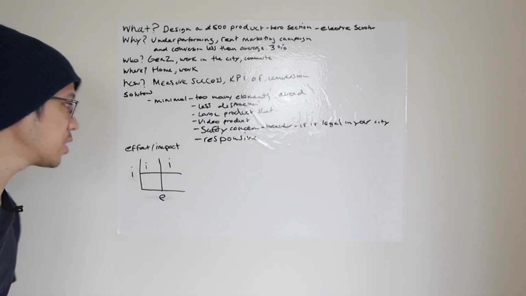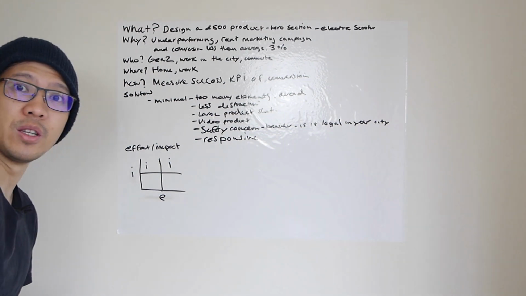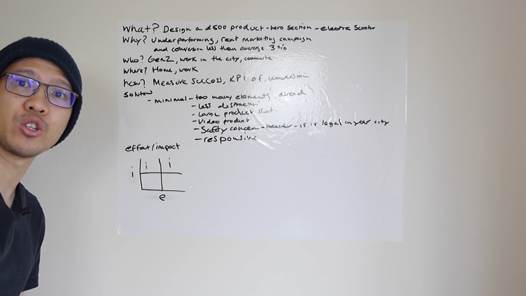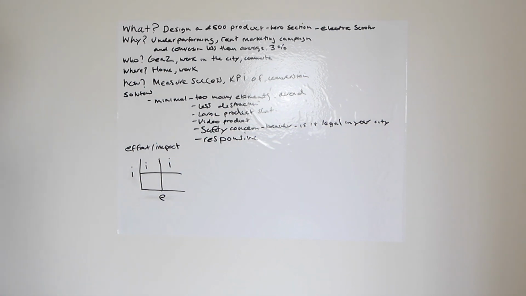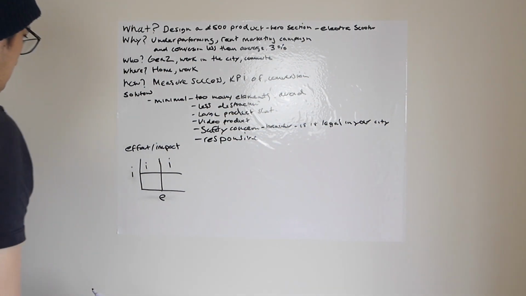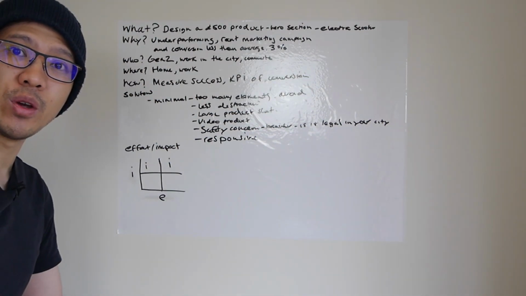Is there an image? And the collaborator in this instance is saying, yes, we do have a video and we do have some product shots. Great, okay.